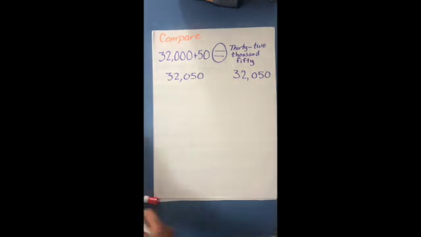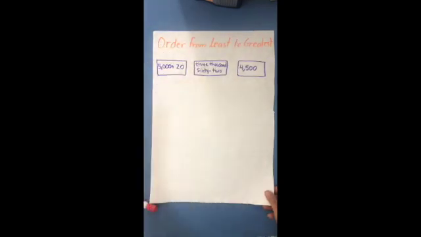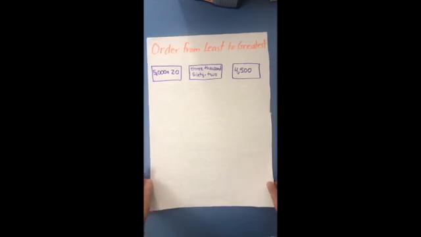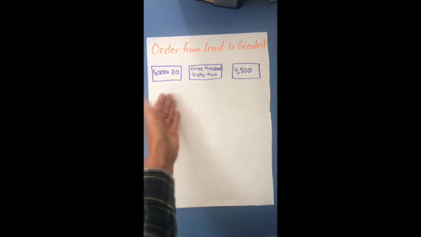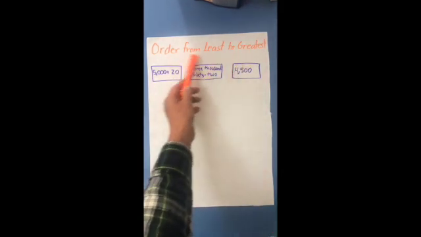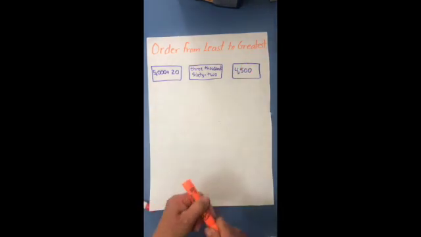Okay. Next problem. Okay. This one, it's not compare, but it's ordering from least to greatest. So you're comparing these three numbers and putting them in the order from least to greatest. Now, whenever I'm doing this type of problem, when I say least to greatest, I say greatest first, and I accidentally switch the order.